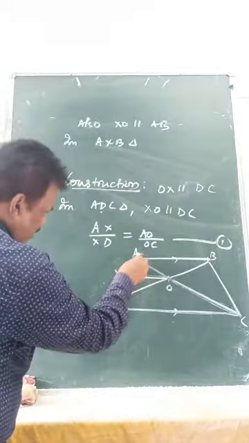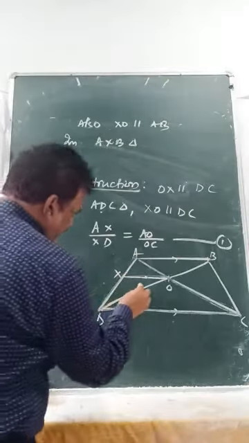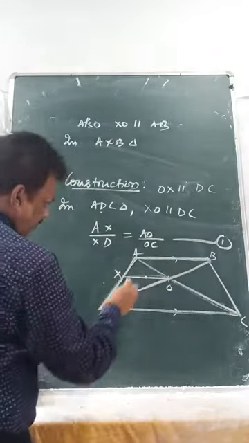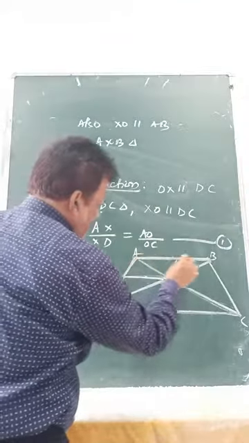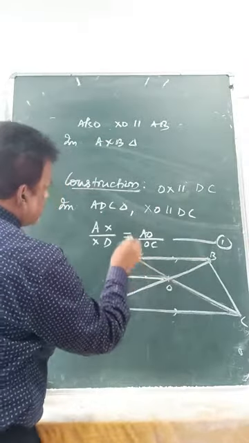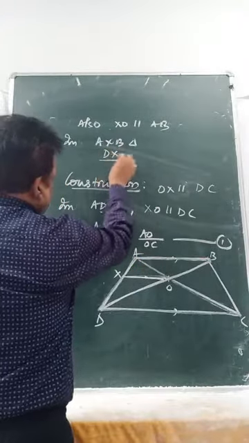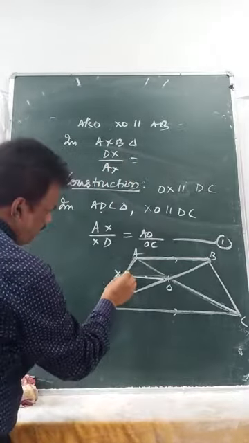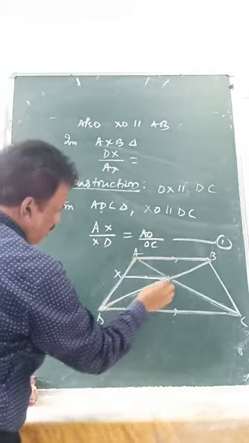This is easy to understand if you go this way. Look this way. This is parallel, so you can take DX by AX, DO by OB.